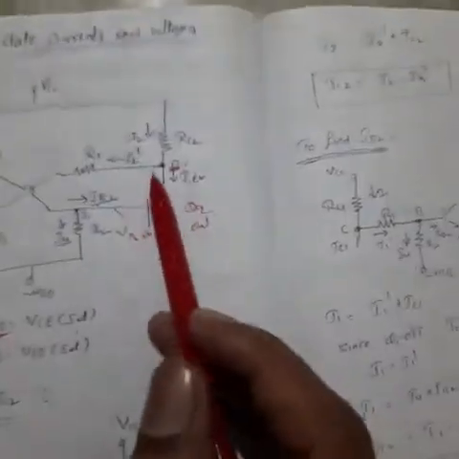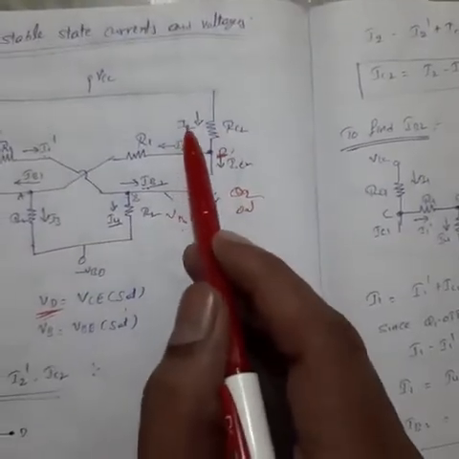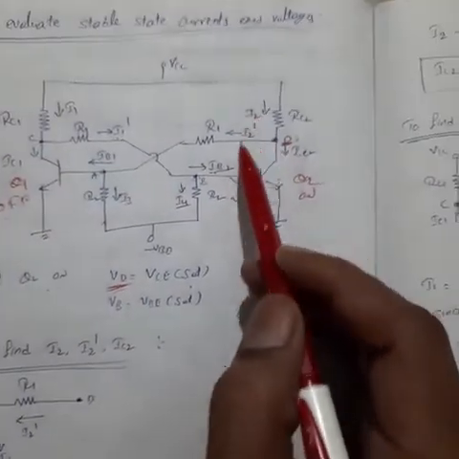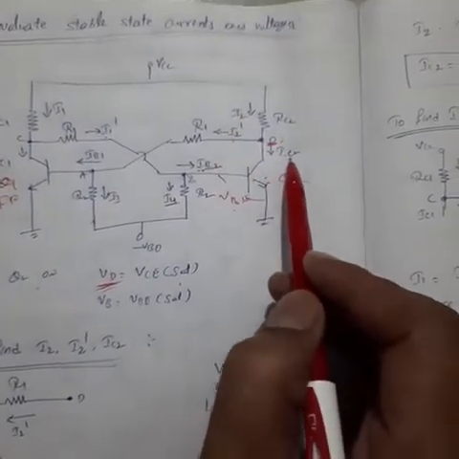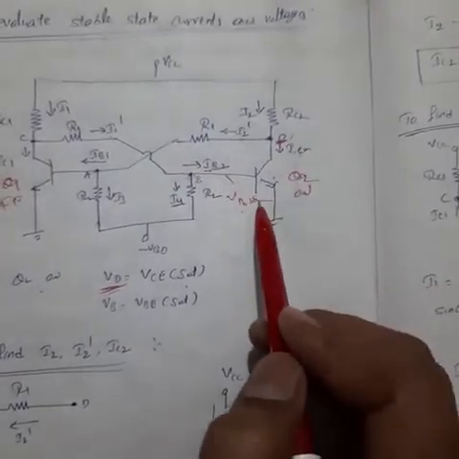Then what are the different currents we have taken? I2, I2 dash and IC2. These three currents belong to the transistor Q2.